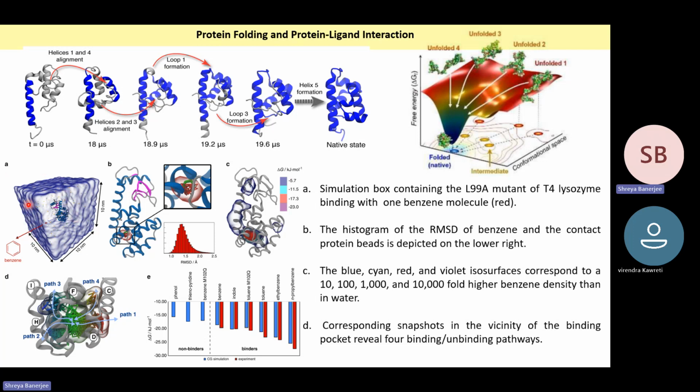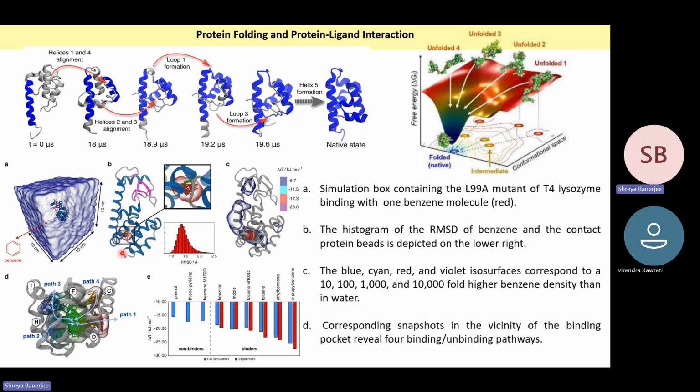Now, after the simulation, you can get different data. The benzene molecule shown in red here, which is binding to this region of the protein, can have different orientations, and the RMSD of the orientations can be obtained. Basically, molecular dynamics simulations will give you a snapshot of the binding event at different times. So if you give intervals of 10 microseconds, at every 10 microseconds it will give you a snapshot of the interaction.